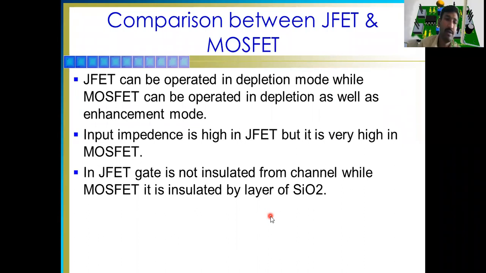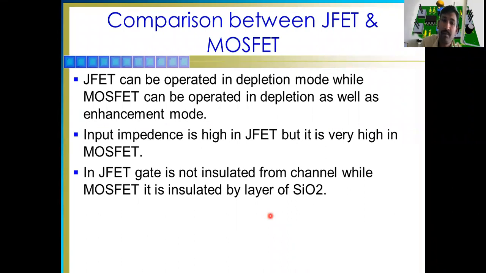Now see another difference between JFET and MOSFET. JFET can operate in depletion mode only, while MOSFET can be operated in depletion as well as enhancement mode. Did we see any such types for JFET? No, only P and N channel.